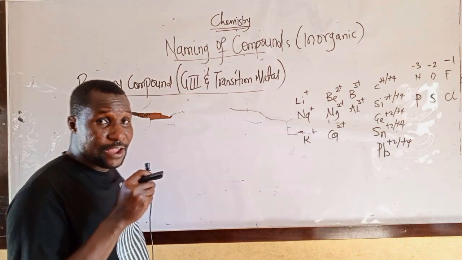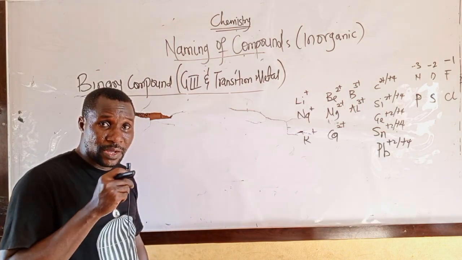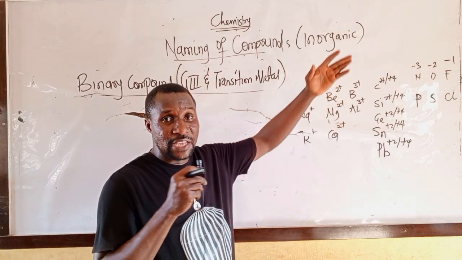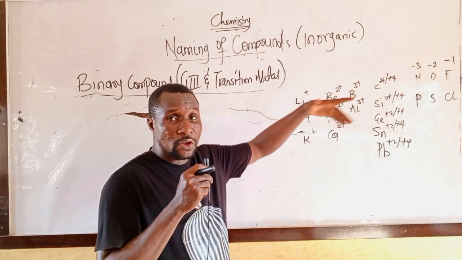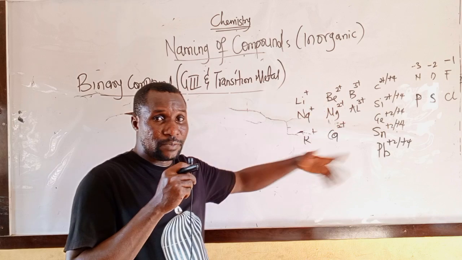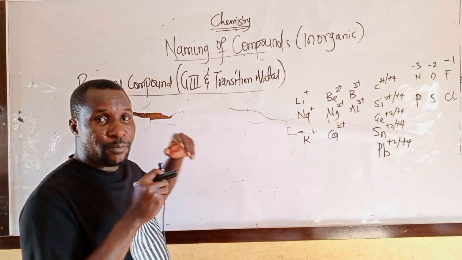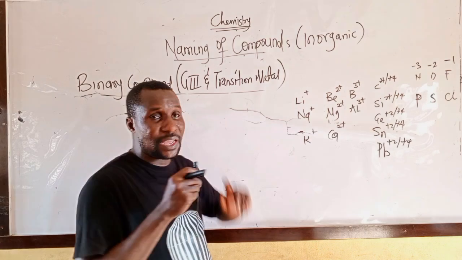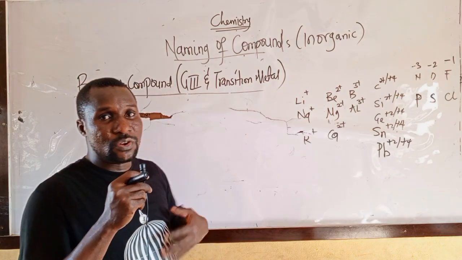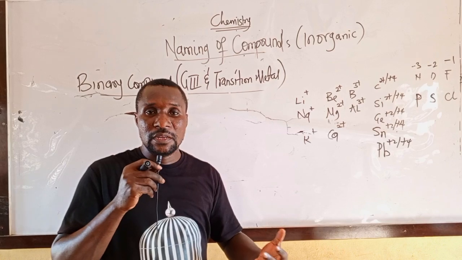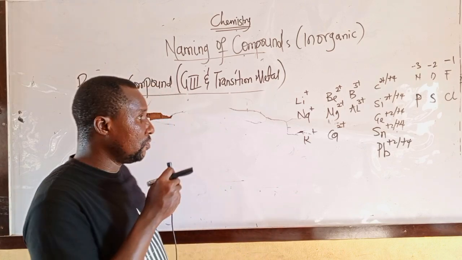I've explained ionic binary compounds, when group 1 metals and group 2 metals react with non-metals. That is an ionic binary compound. In this case, I will explain group 3 binary compounds and transition metals binary compounds, and I will quickly talk on metallic hydride compounds. Take note of that.